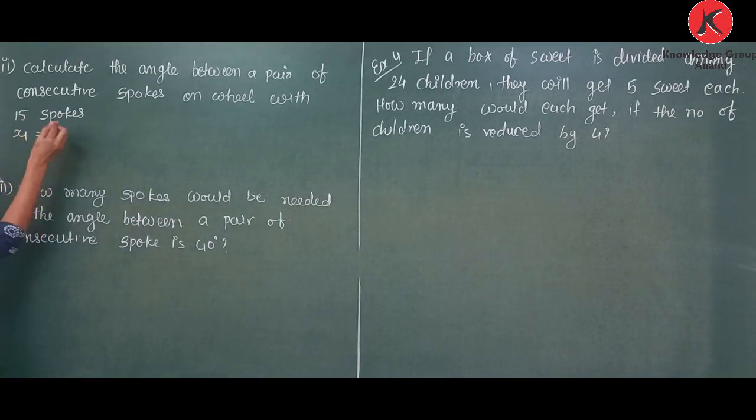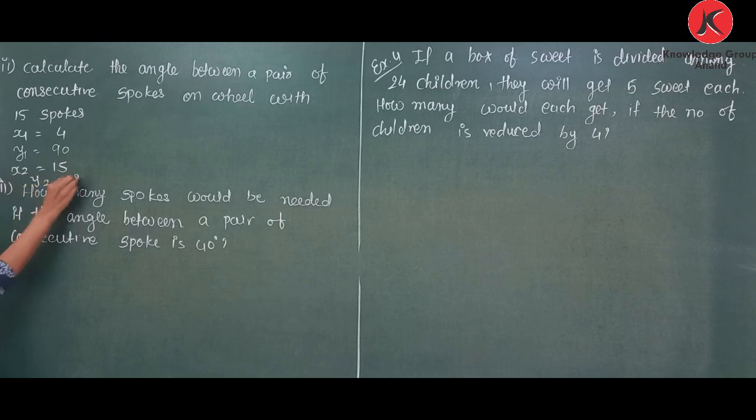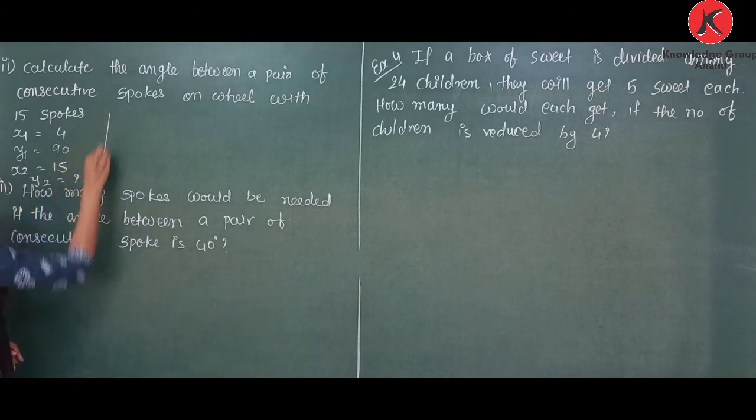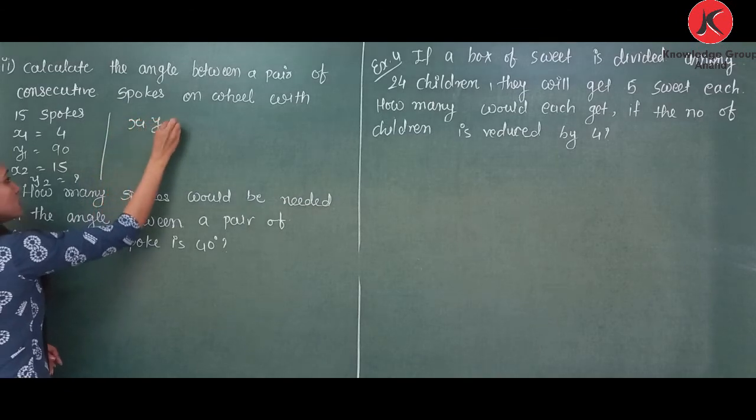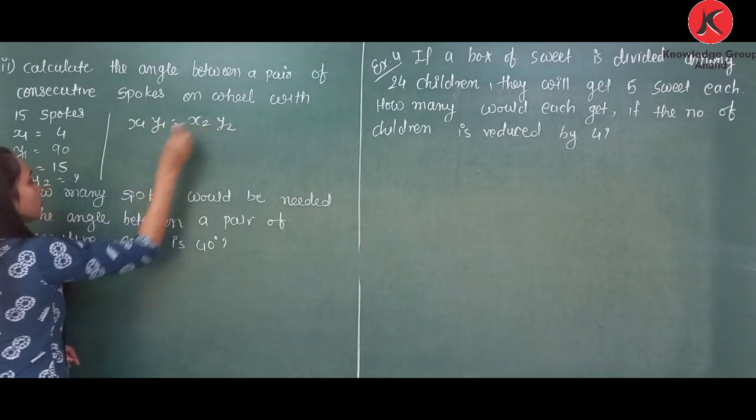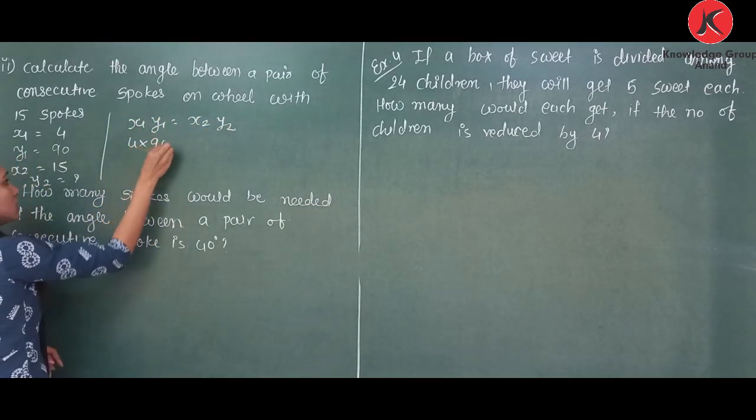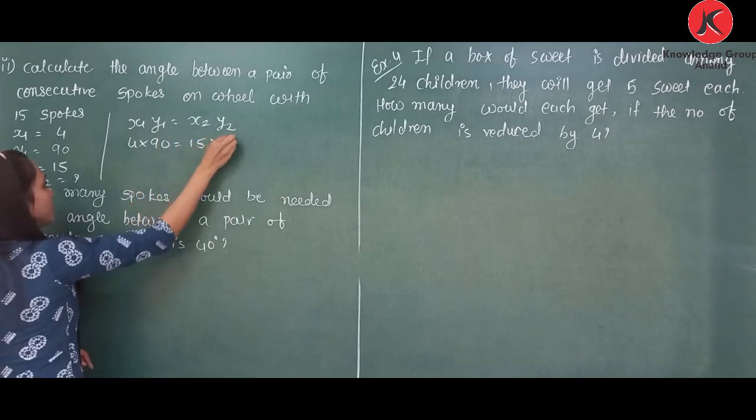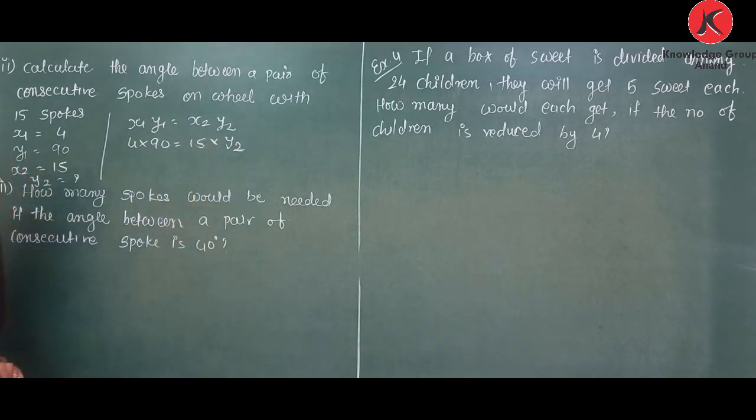Our x1 will be 4, that is, when the number of spokes is 4, the angle between them is 90. So when the number of spokes is x2, what is the angle between them? We can write here x1 y1 is equal to x2 y2: 4 multiply 90 is equal to 15 multiply y2, that is the angle between them.